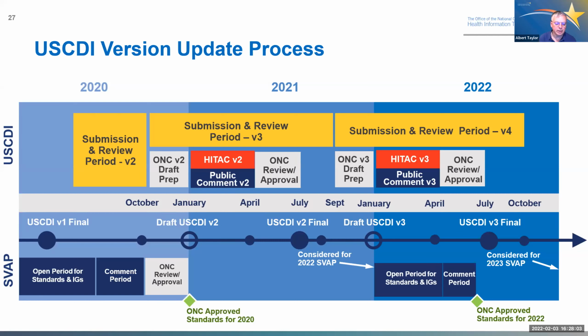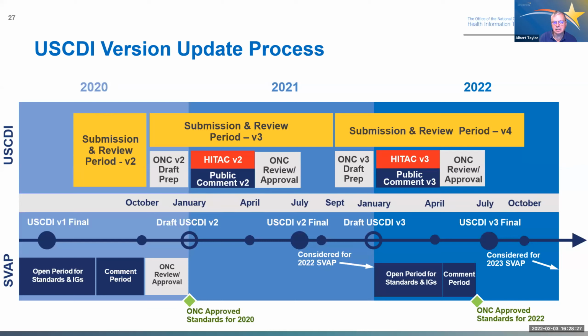They could be for public health reporting or anything else. But they could also just be notional, which is a good word. These are standards that are recognized as being in widespread use or widespread consideration, but not necessarily proposed to be part of USCDI.